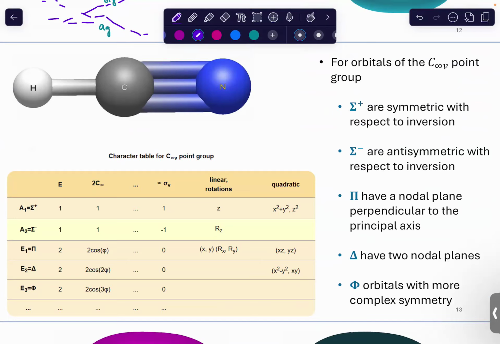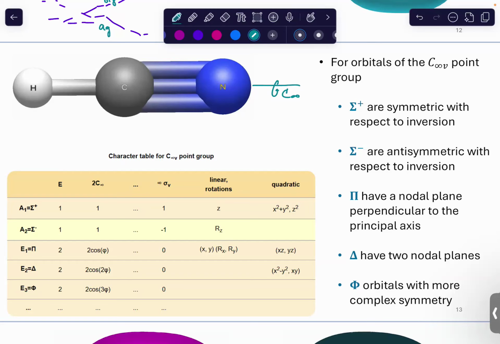Yeah, your principal axis right there, that's a C infinity axis, because it doesn't matter how you rotate it, it's always going to be the same. And then of course it has vertical mirror planes.